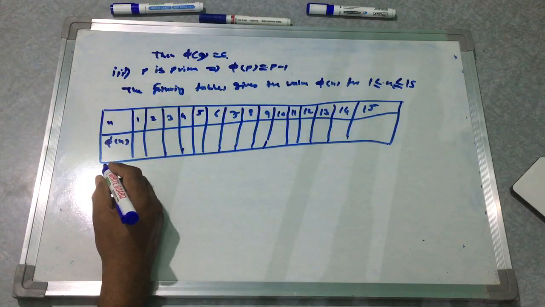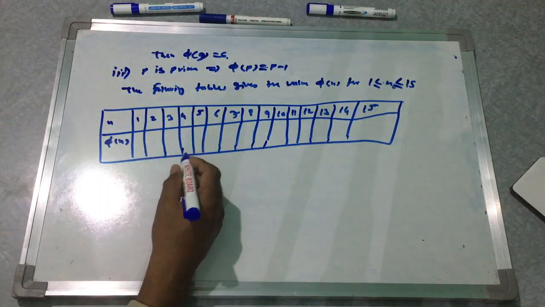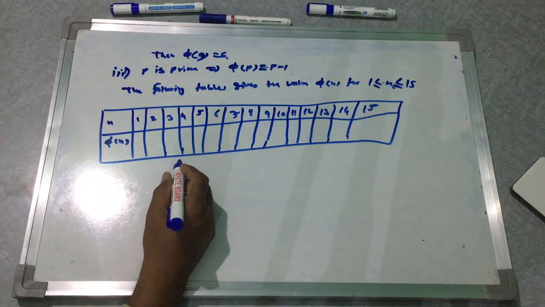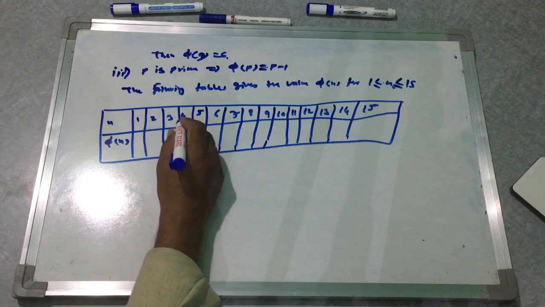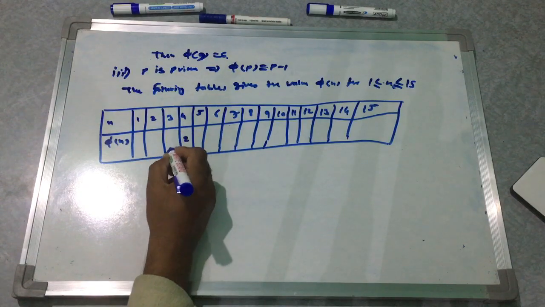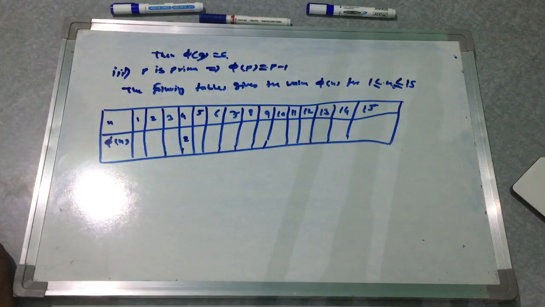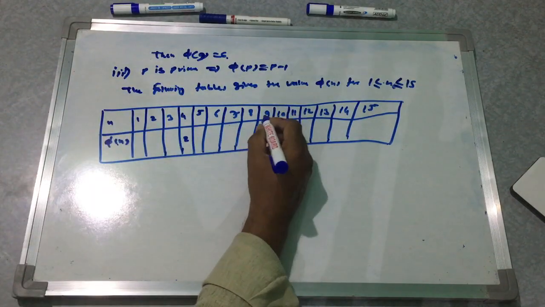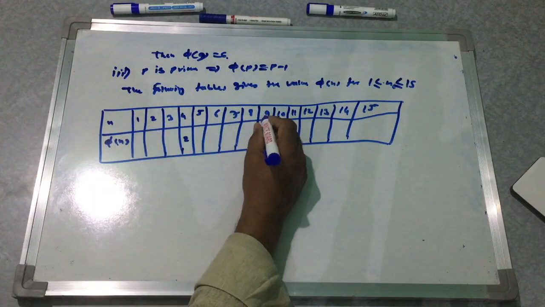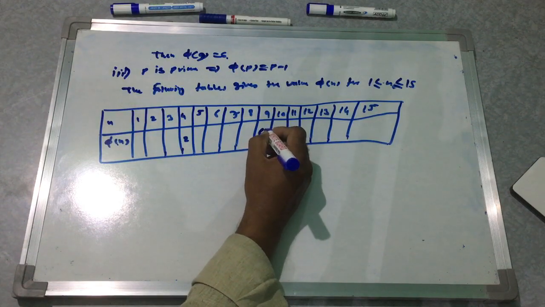Here phi of 1 we have given in the definition, and we have given illustrations: phi of 4 is 2, phi of 9 is 6.